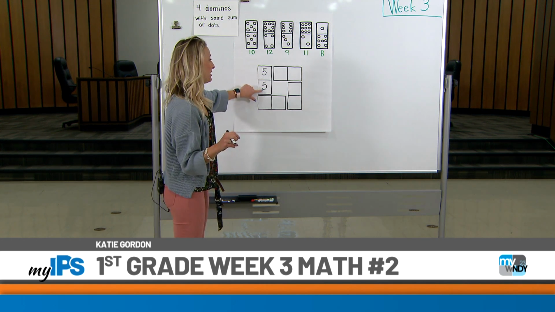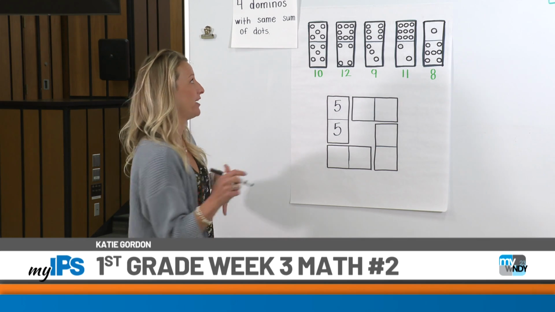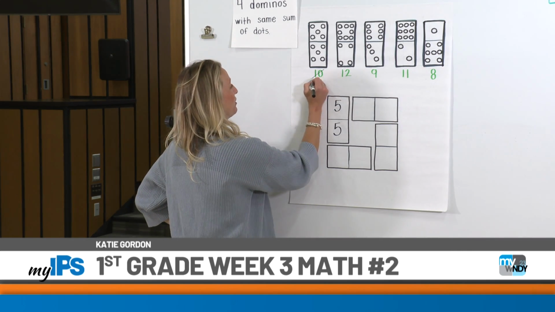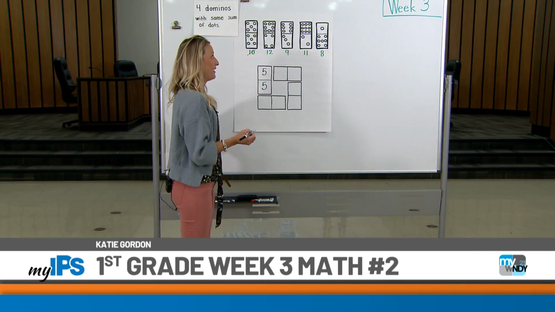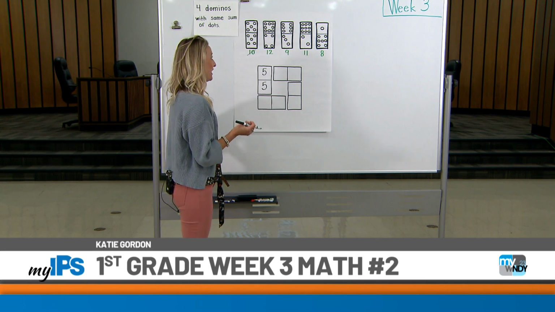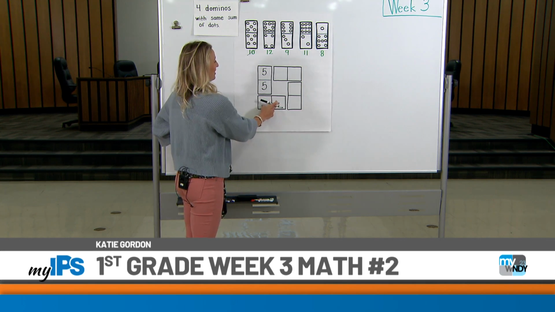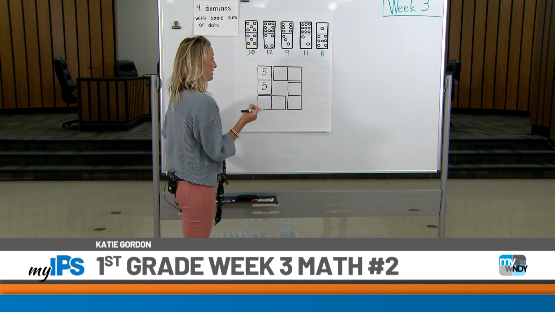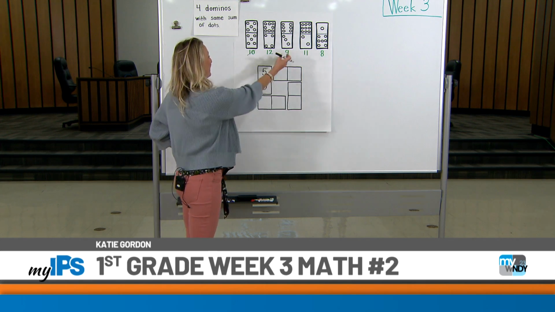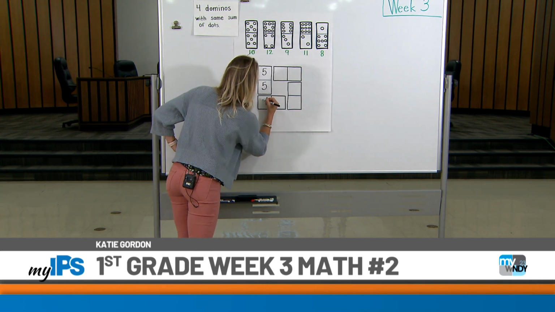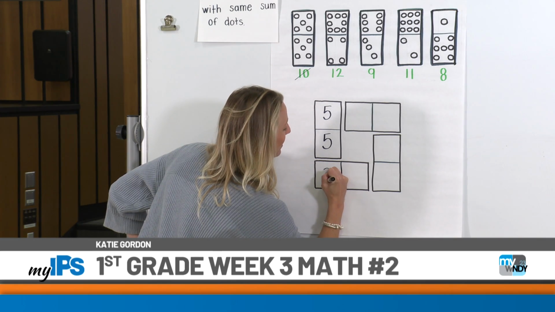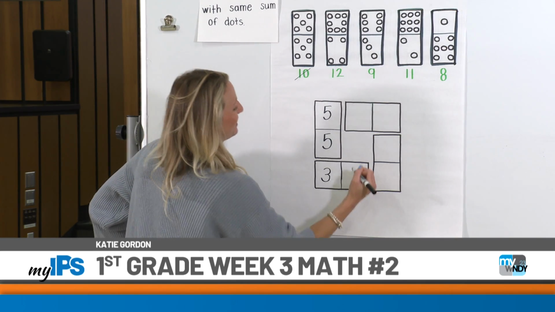So if I have 5 plus 5, I'm going to take another domino. So this one has already been used, so my 10 has already been used. So now I need to take another domino, and I'm going to place it here. The domino that I choose to place there is going to be 9. So I'm going to have the 3 right here of the 9 and 6.